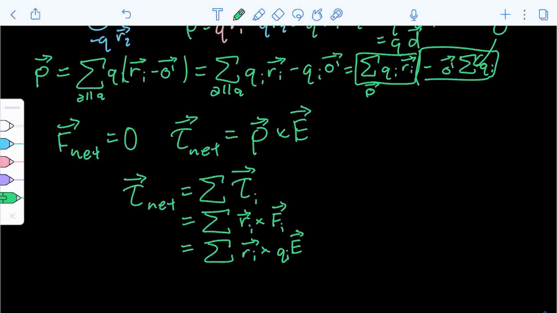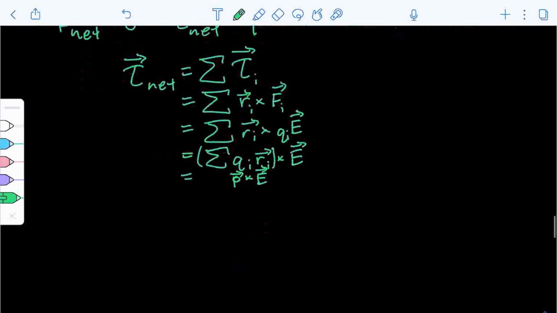So Qi times E. And then we can rearrange and move the Qi to the other side of the cross product. And then using the distributive property, we can group all of this together instead. And this sum is exactly P. So then ultimately we get exactly P cross E. Okay, cool. So with this shown, now to really cement everything together, we're going to do one last example problem.